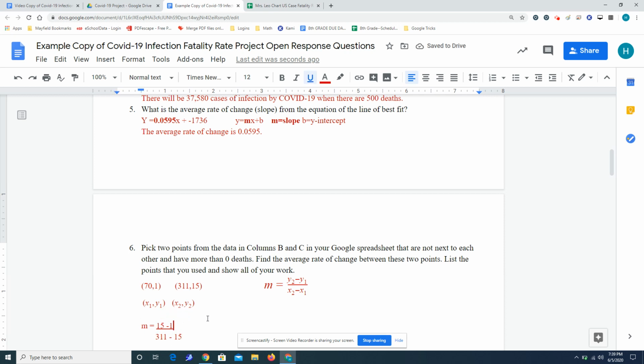Okay, actually not 15, it's 311 minus 70. I need to divide those two, and that will tell me my slope. And you can fix your format a little bit if you put spaces in. Depends what you want to do.